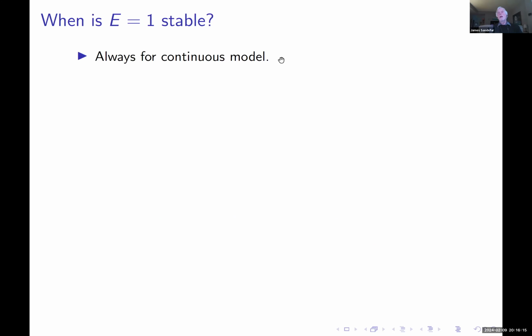So we know that zero is unstable for these models, and 1 is always stable for the continuous model.